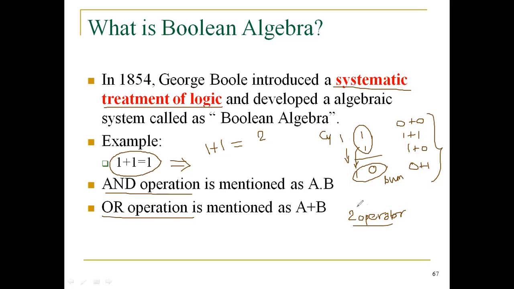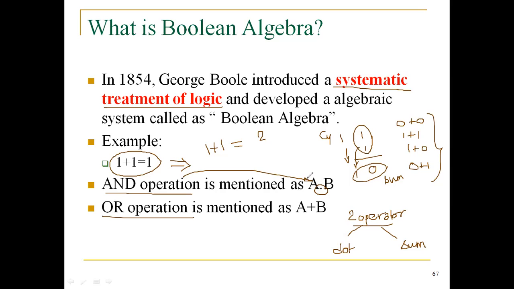AND is the dot operator. Another one is the sum or plus operator. So two operators are there in Boolean expressions or Boolean treatment of logical functions. One is the AND operation, that is logical multiplication.